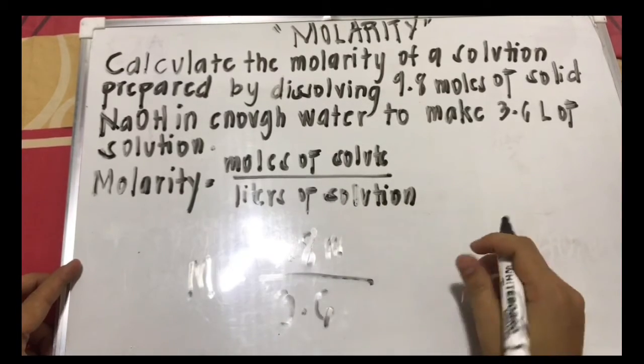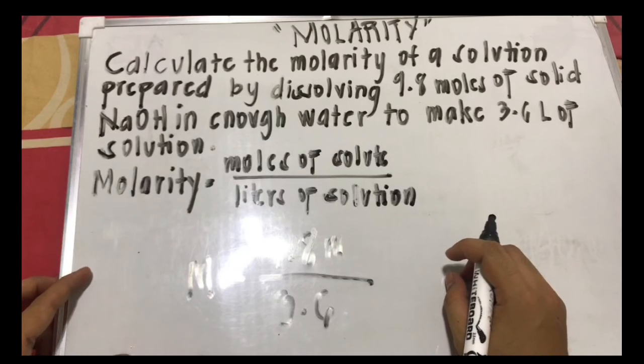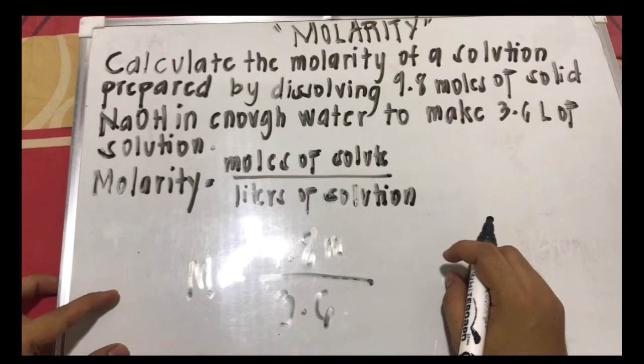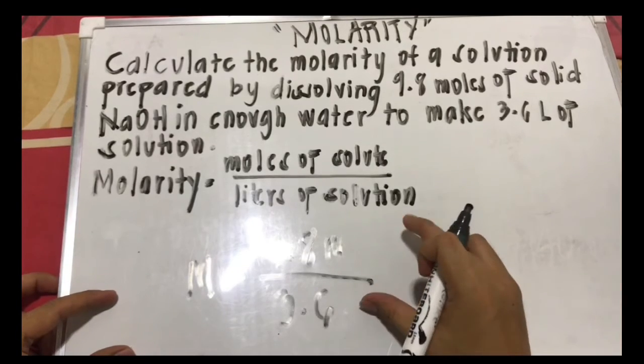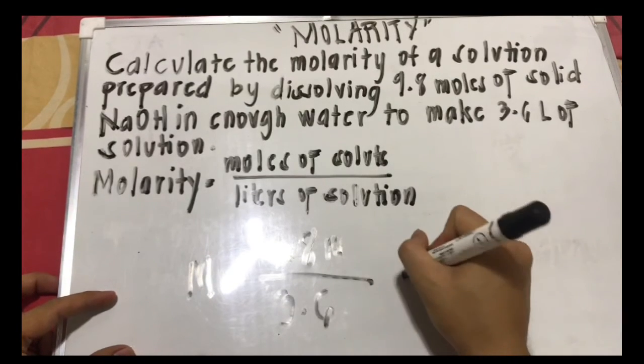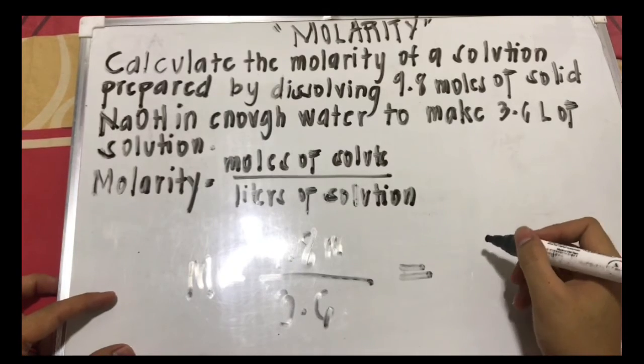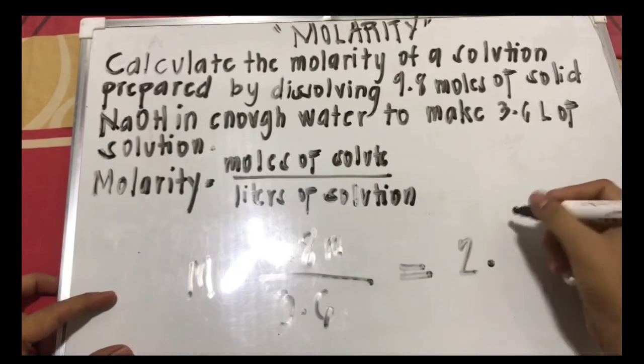So to find molarity, 9.8 divided by 3.6 liters equals, so I get 2.7.